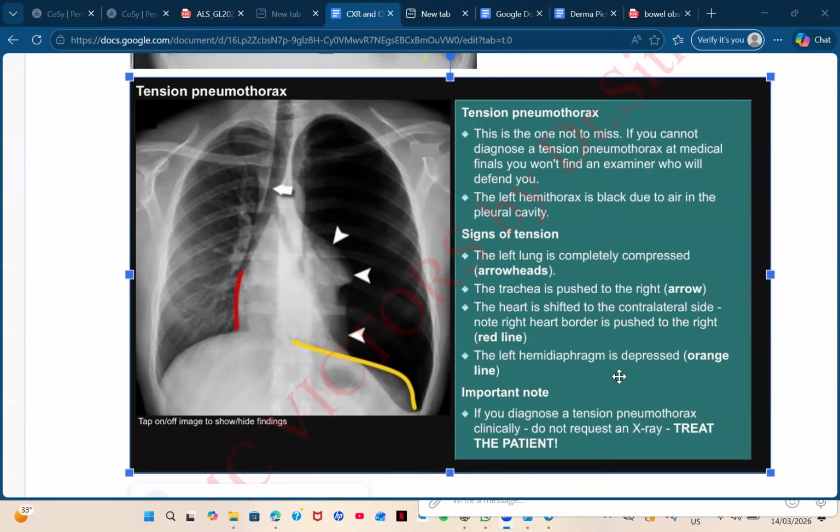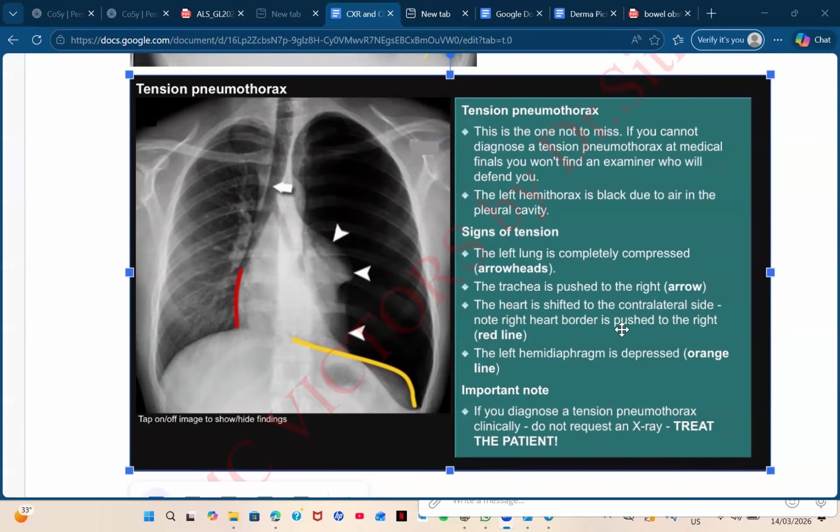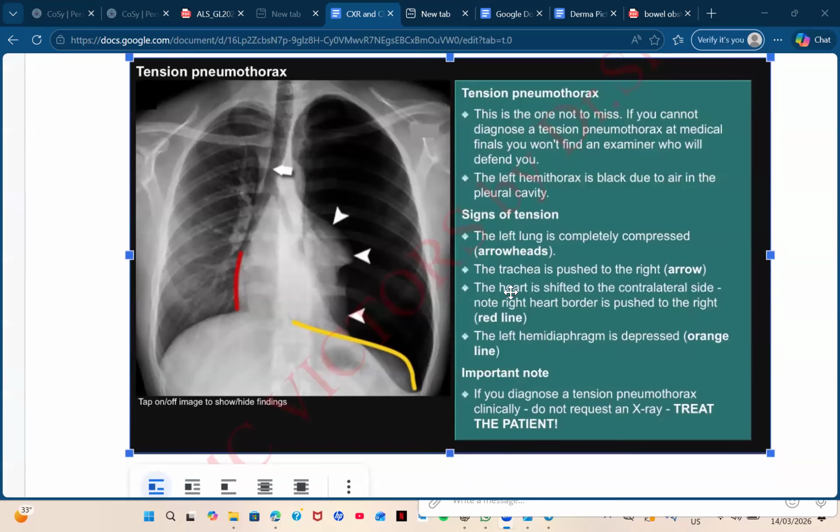The heart is shifted to the contralateral side. Note that the heart border is pushed to the right, red line here. The heart is also pushed by this pressure, because air is trapped inside and it forces the lungs, heart, and trachea as well.